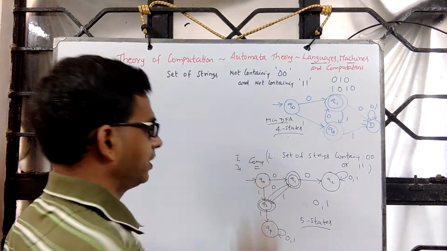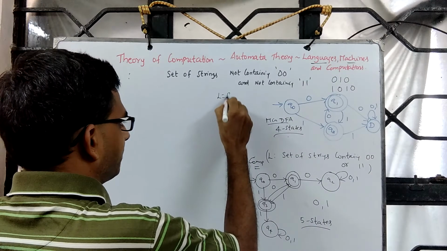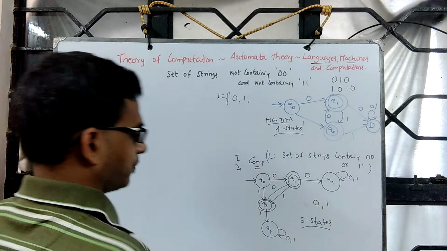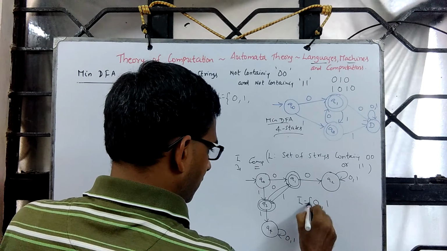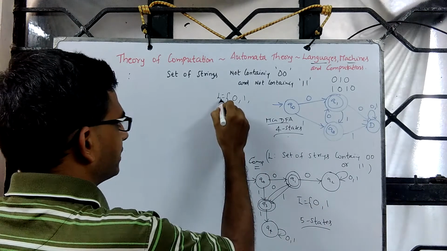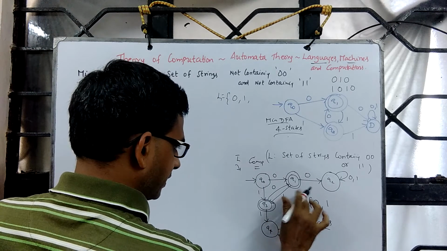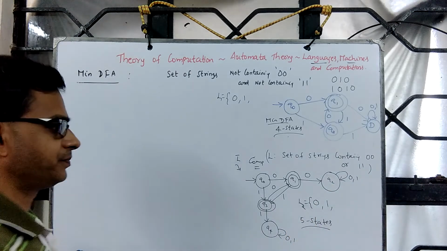So the set of strings accepted by this automaton starts from 0, 1 and so on. Similarly over here also it starts from 0, 1 and so on. Let me call this one L1 and this one say L2.